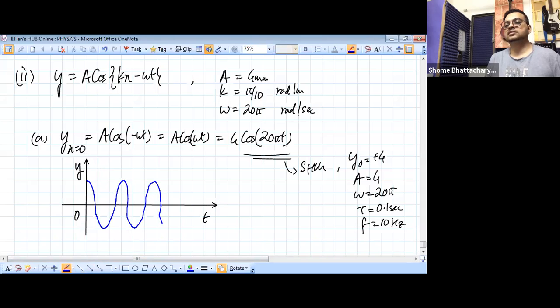So we can see that that is doing this kind of oscillation with an amplitude of 4 millimeters and the time period like this.